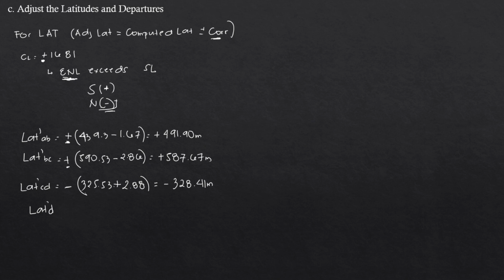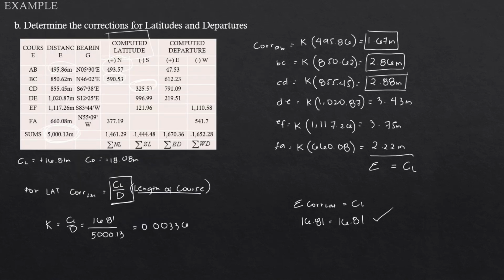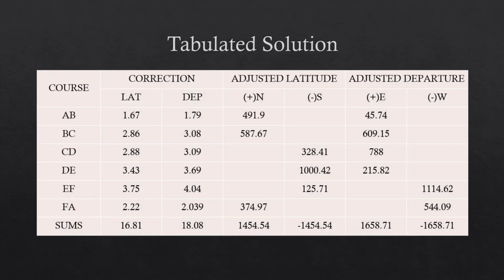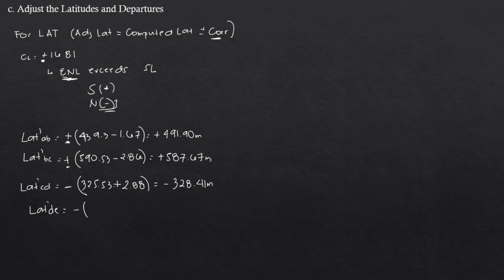Okay, so latitude ng DE is equal to negative. DE natin, check natin. DE is tama, south, 996.99. Then, correction niya is 3.43. Okay. So, south siya. So, ibig sabihin, i-add natin 3.43. So, is equal to negative 1,000.42 meters.